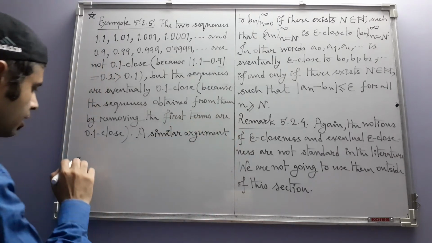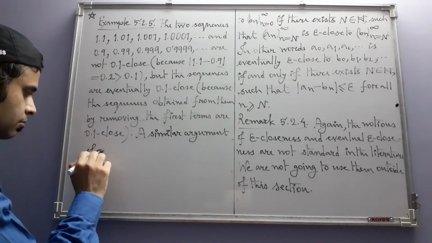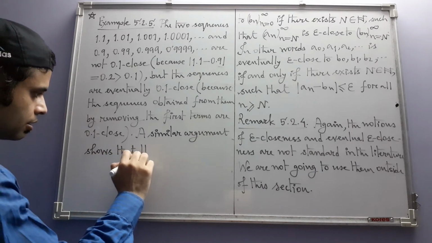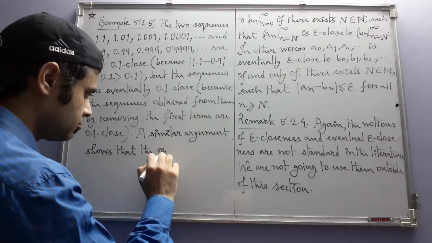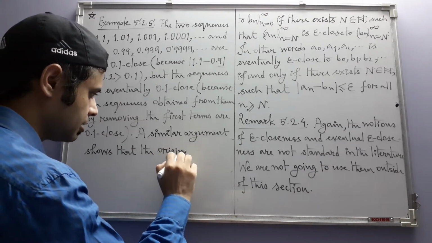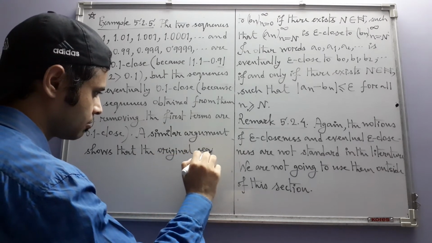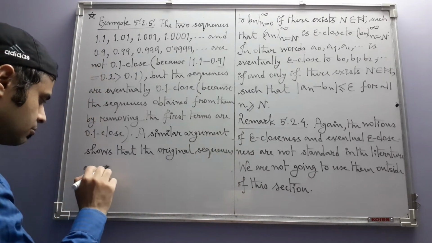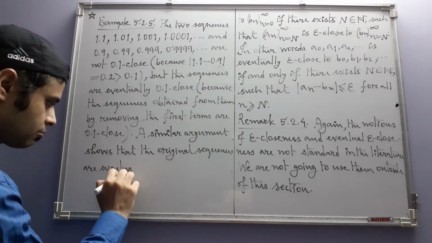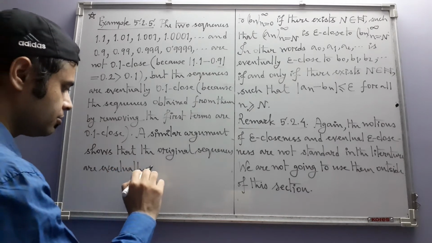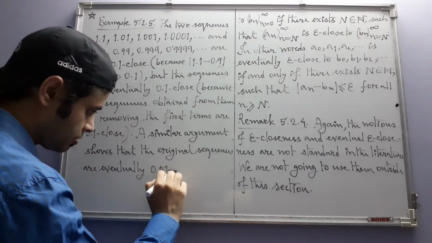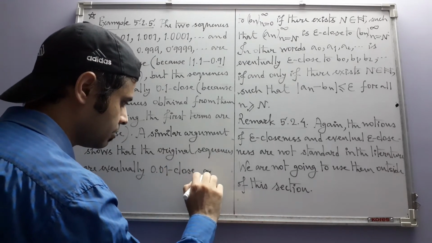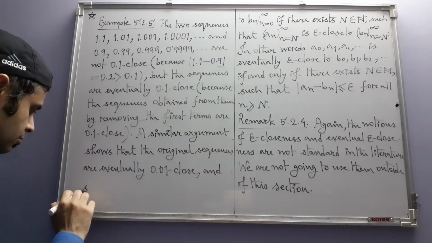A similar argument shows that the original sequences are eventually 0.01 close also, and it goes like this and so forth.